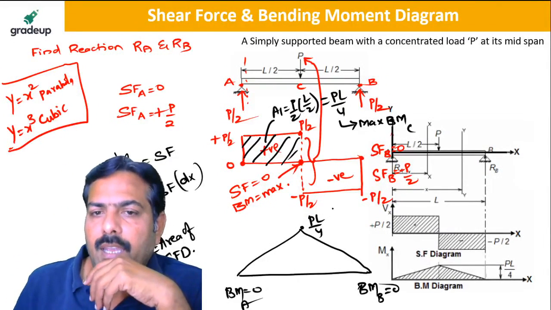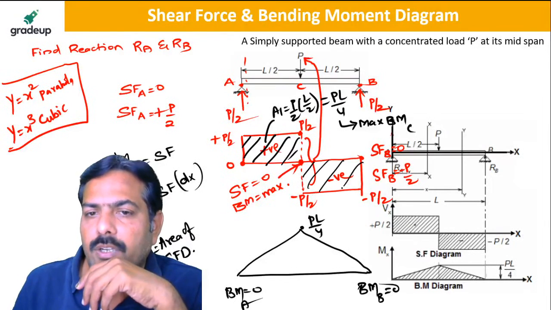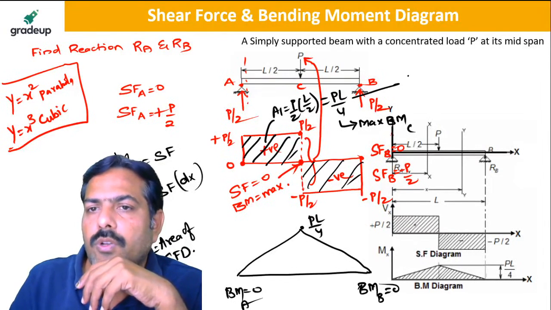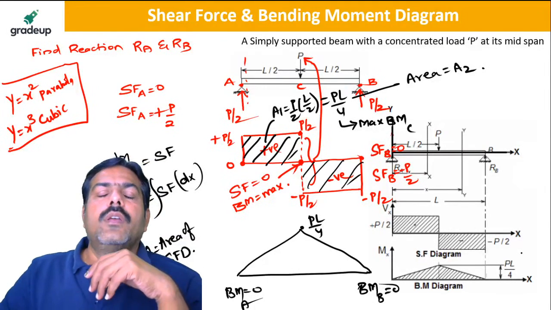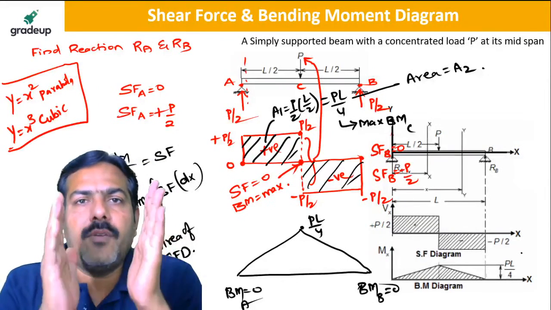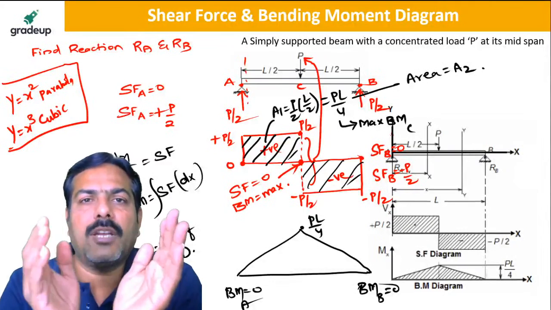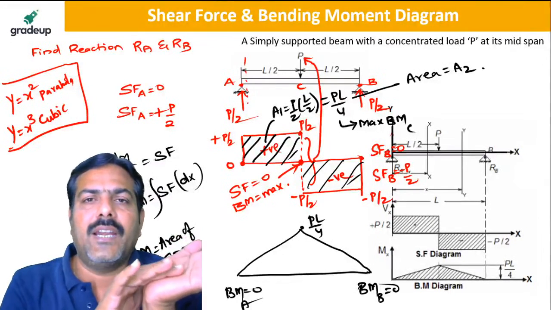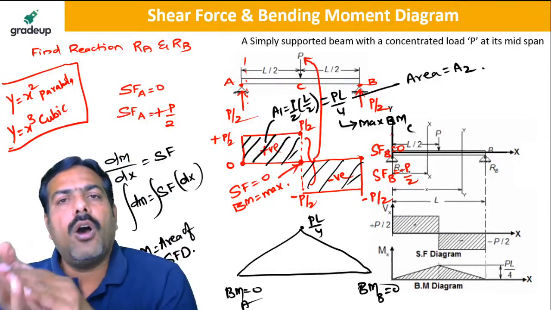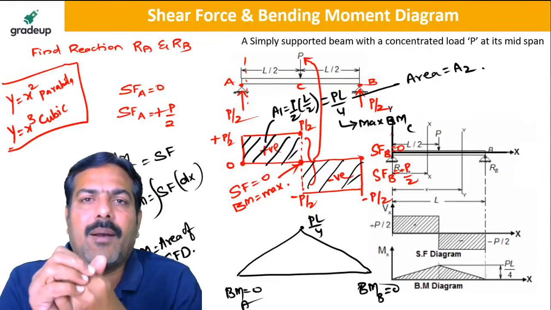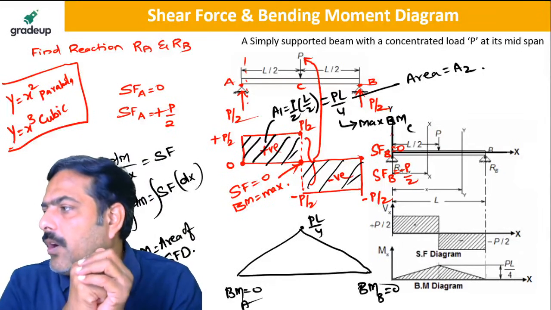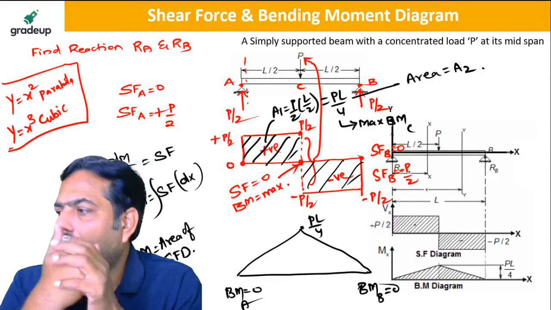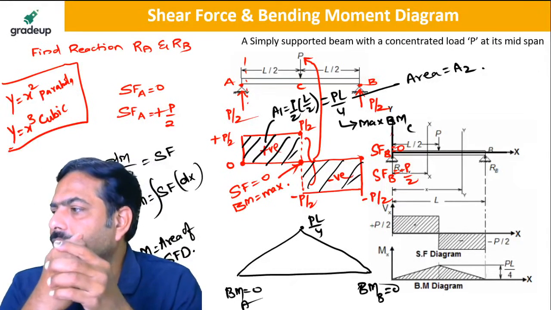You can take area A1 or you can take area A2, which is also equal. So at any point, if you want the bending moment, either you take the left side area of the shear force diagram or the right side area. So you will get the bending moment at that point. Is it clear to all of you? So directly you can get the answer for this.